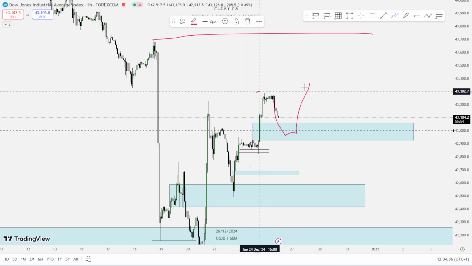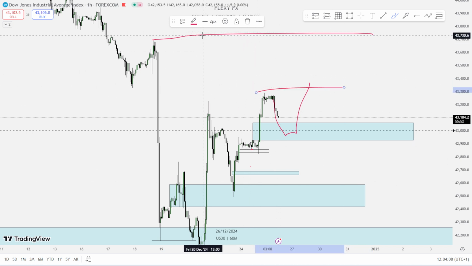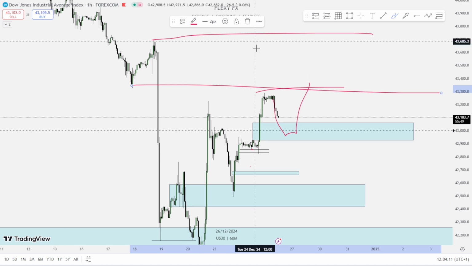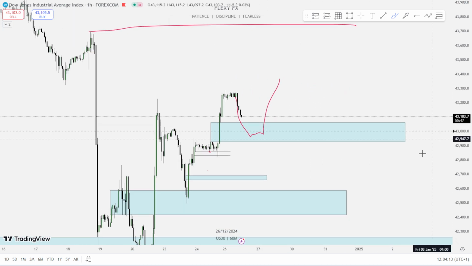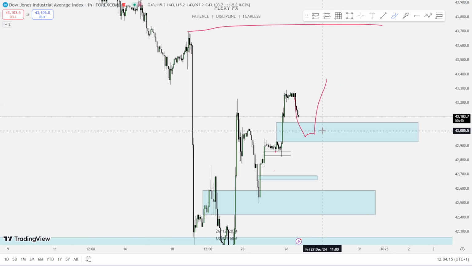If I'm not too greedy, I'll be targeting this high or this point right here. So that will be my target for today if I see price trade into this place.